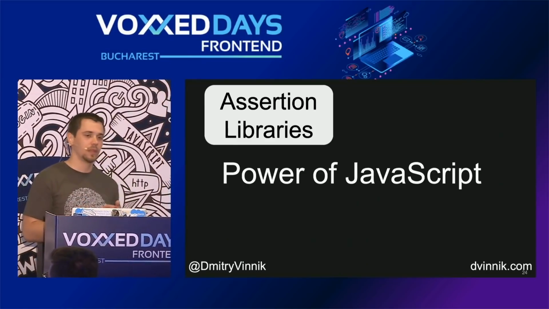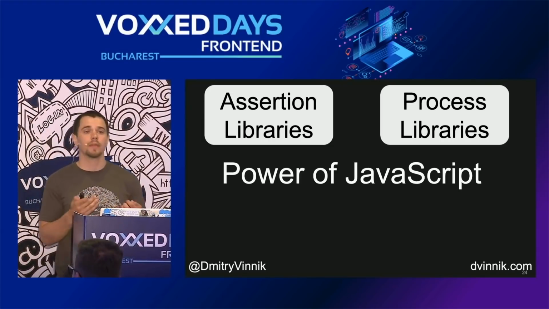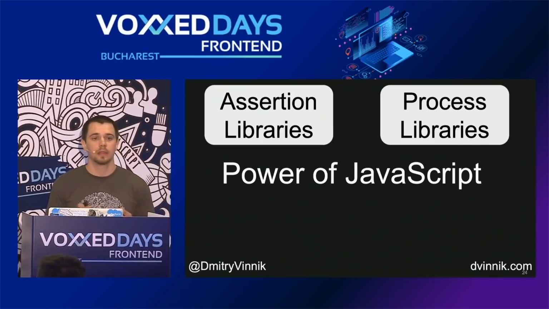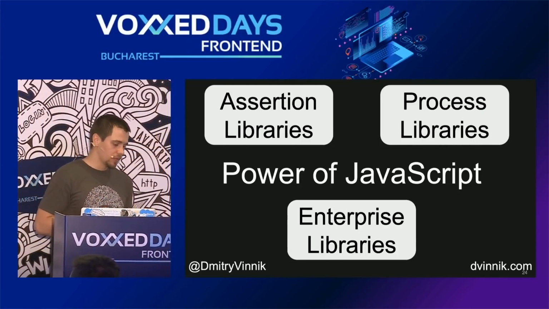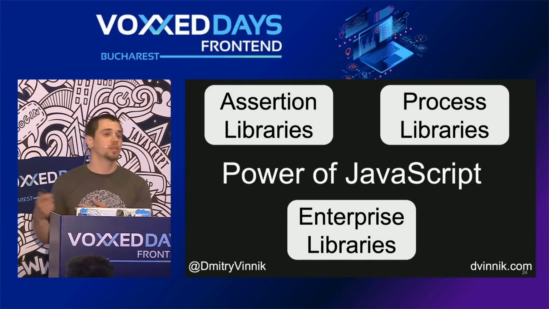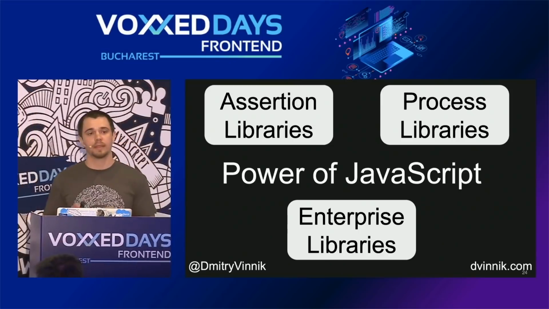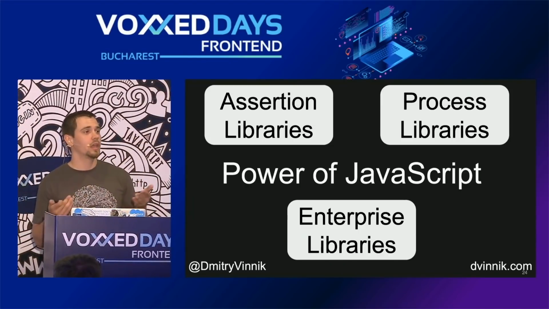So it's simple enough, and the learning curve would not be steep. The process libraries, or in other words, methodology libraries that JavaScript helps you with, are also there. And more importantly, enterprise obviously acknowledges JavaScript, in addition to open source, and companies come up with their own tools and solutions that help you with testing in JavaScript.